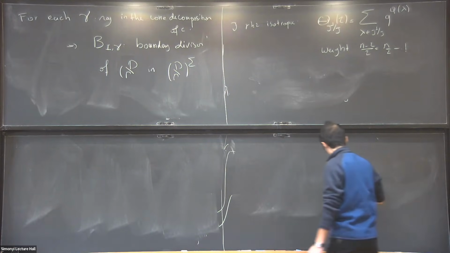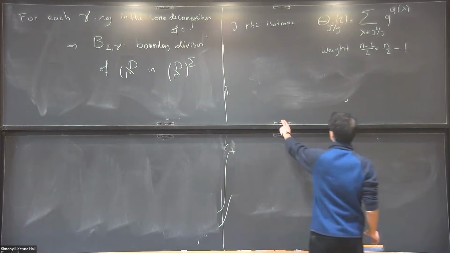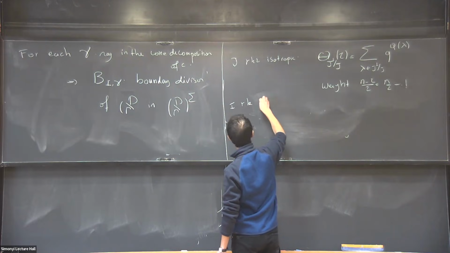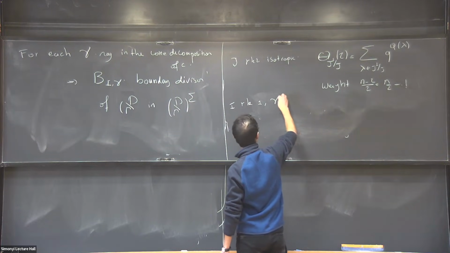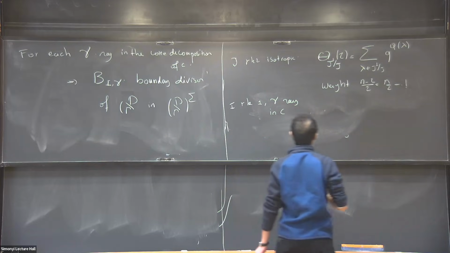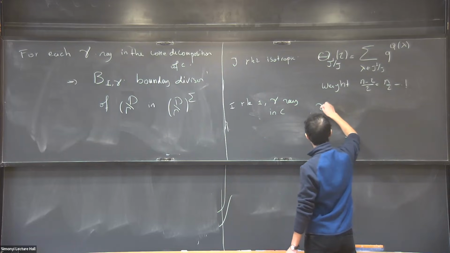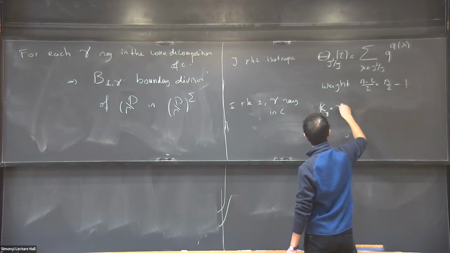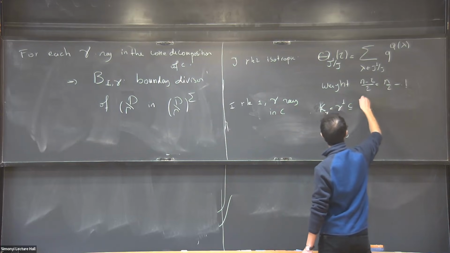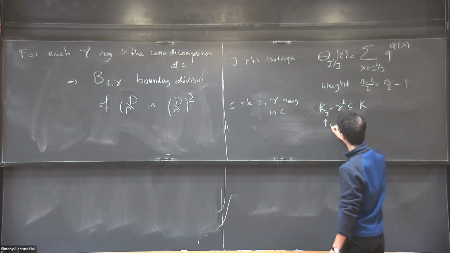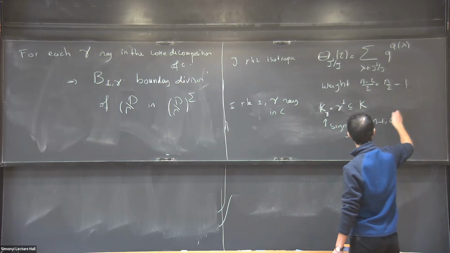And then the second case is when I is rank 1 and gamma is a ray in this cone decomposition. Then the orthogonal to gamma inside A is a lattice of signature (n minus 1, 0).